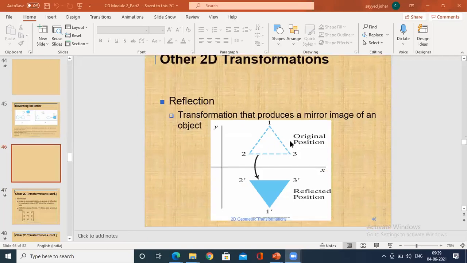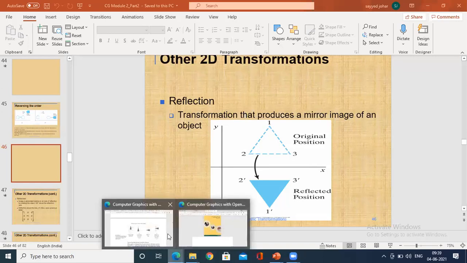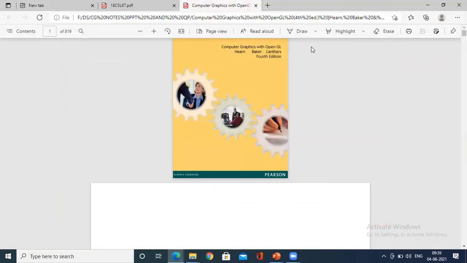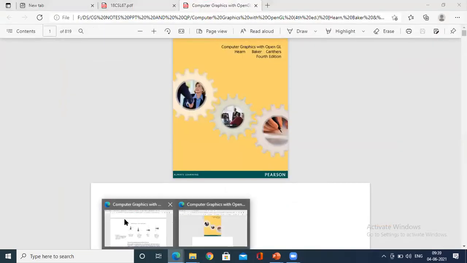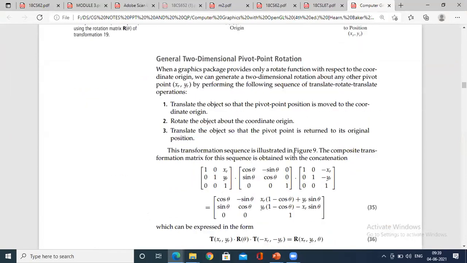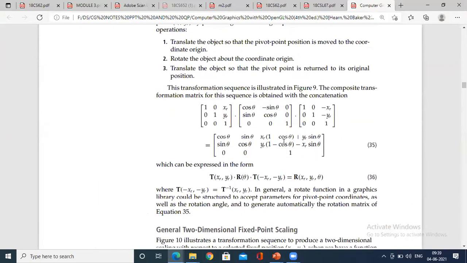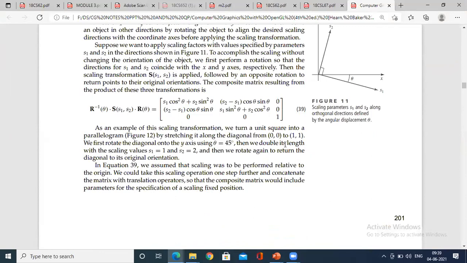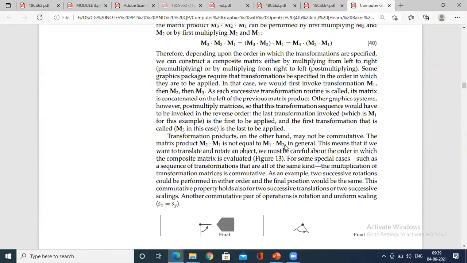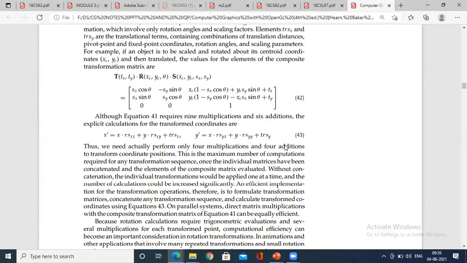So other transformations such as reflection. What is the meaning of reflection? Let me wind up so that next week we can start with Cohen-Sutherland. I don't want to stretch more on these composite transformations. A lot of things have been covered: general point, pivot point, rotation, scaling, and matrix concatenation properties.